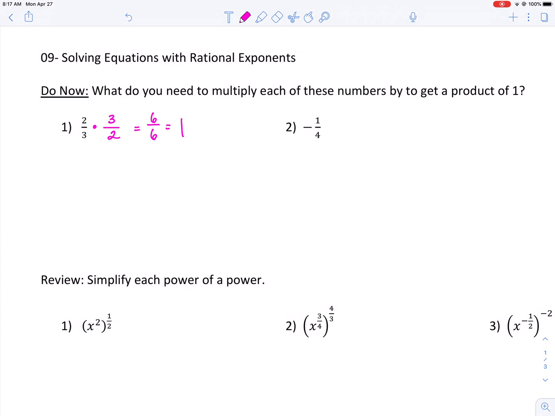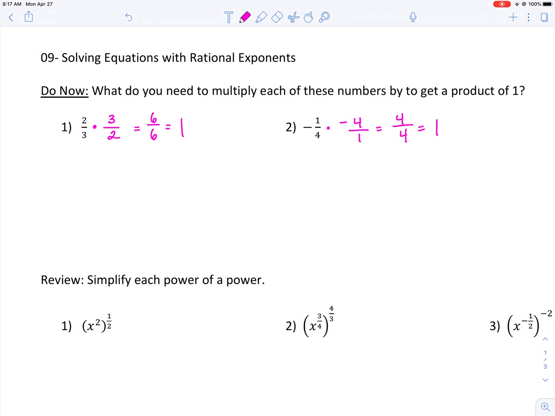So what's the reciprocal of negative 1/4? Negative 4 over 1. That sign doesn't change. You still need that negative, because a negative times a negative will give you a positive 4 over a positive 4, which is 1.